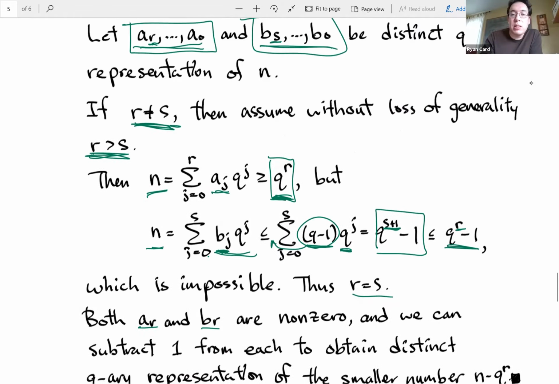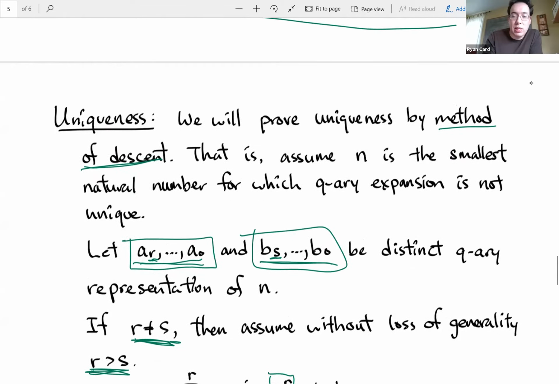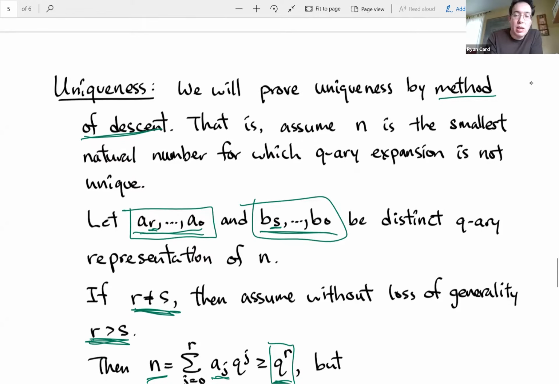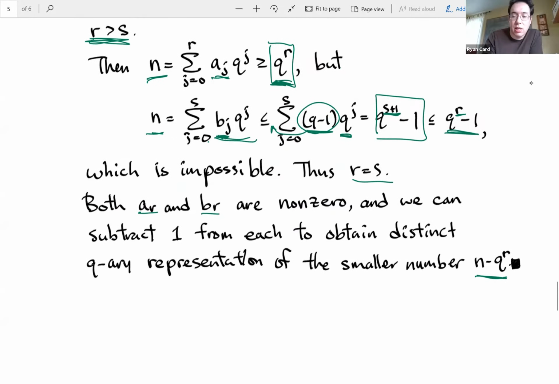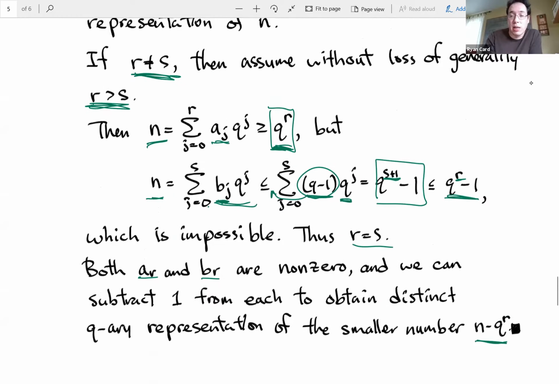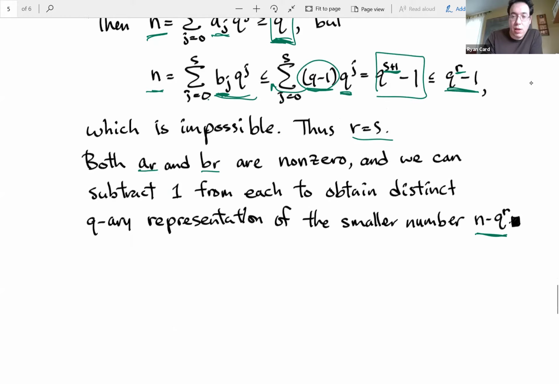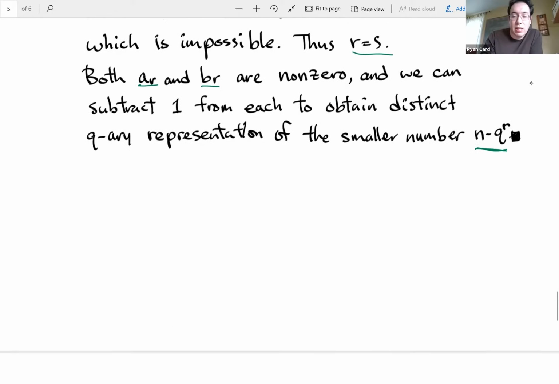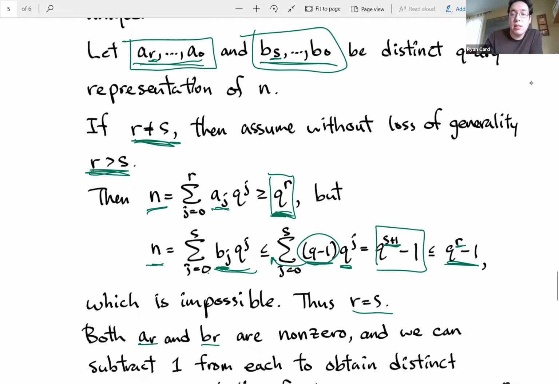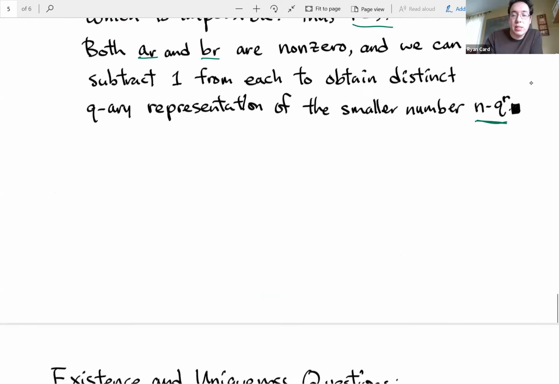But that's impossible because n was supposed to be the smallest number whose q-ary expansion was not unique. So that's a contradiction there. So there has to be one way to write any number n. Okay. I know that was a lot to take in, but that's the end of the proof.